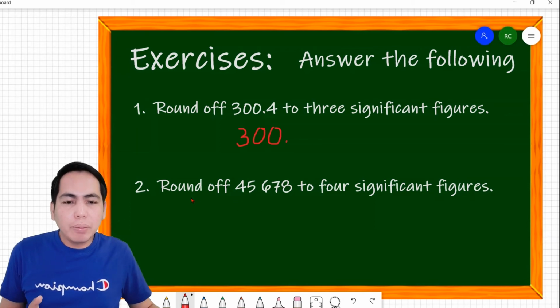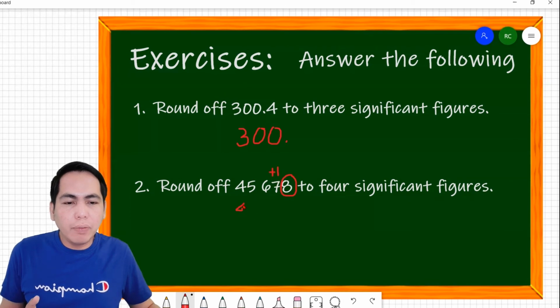Let's have example number 2. Round off 45,678 to 4 significant figures. Based on our rule, 45,678 has 5 significant figures. So we are going to drop this 8, and since 8 is more than 5, we are going to add 1 to 7.